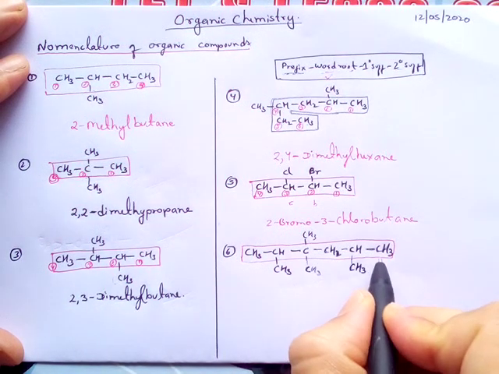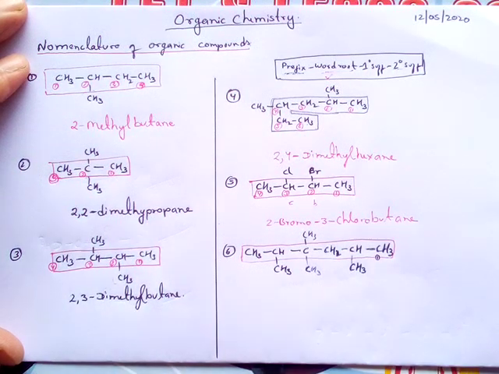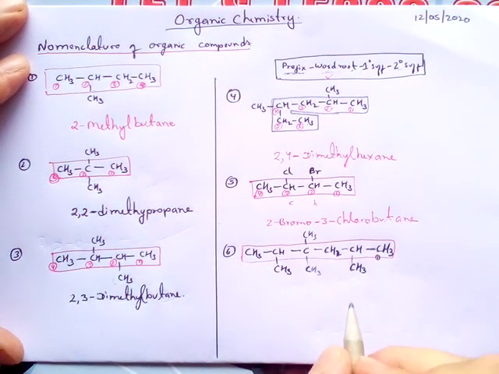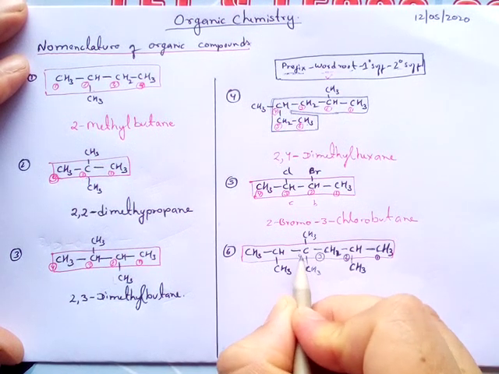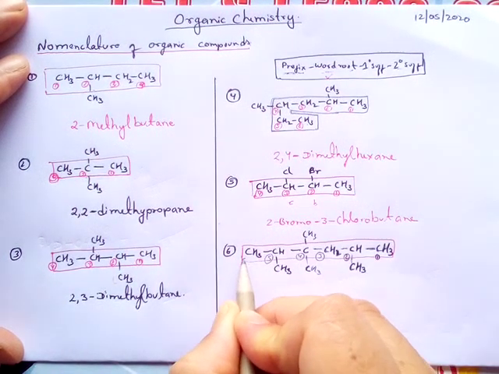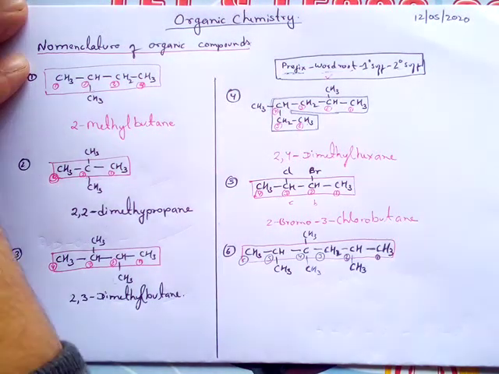If I do the numbering from this side, it's a 1, it's a rough numbering, 2 3 4 5 6. Fine. So you have to calculate the lowest sum.